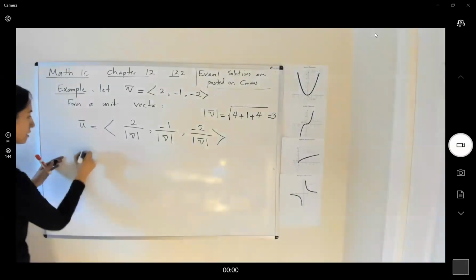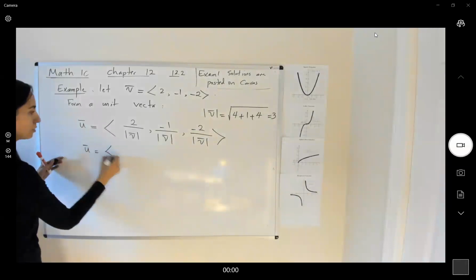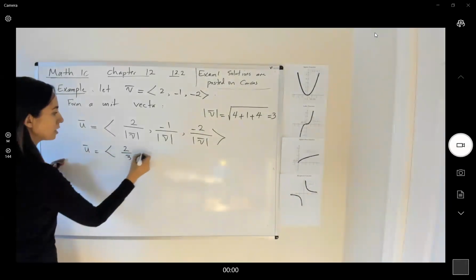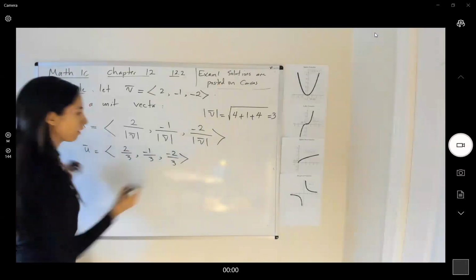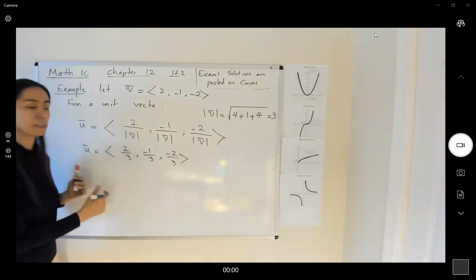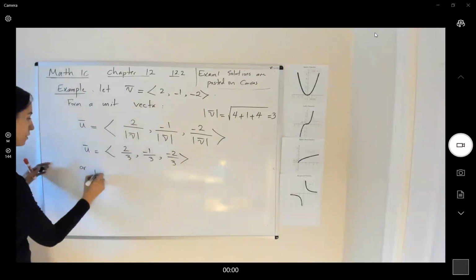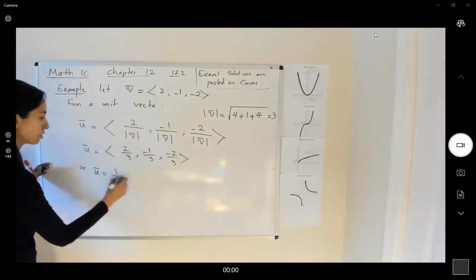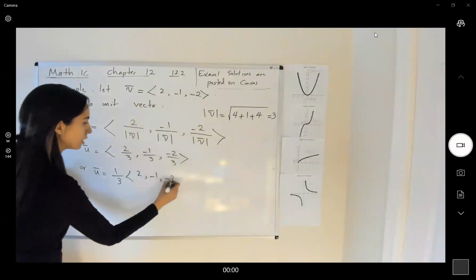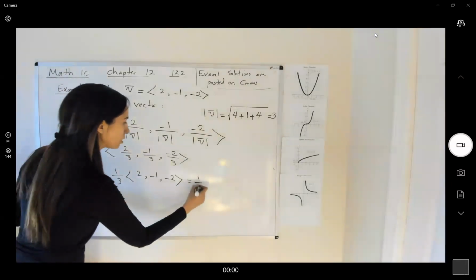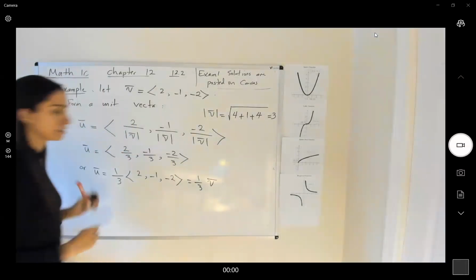So your unit vector is equal to 2 divided by 3, -1 over 3, -2 over 3. We can leave it as it is, or you can write it this way. This new vector is a third times 2, -1, -2, or a third times vector V.